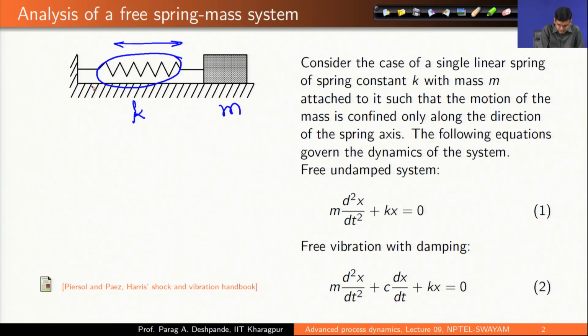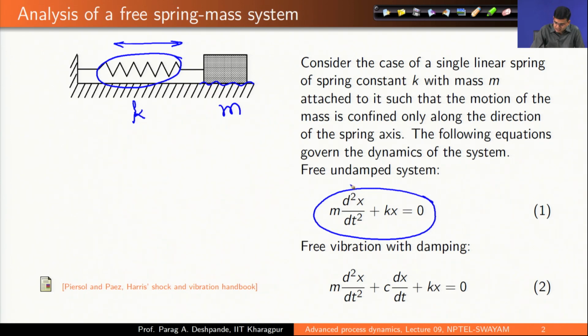So, there is no friction here when the mass moves on the fixed surface, and the governing dynamics can be obtained using simple Newtonian balance, which is Newton's second law, force balance, and this is the balance equation m d2x by dt squared plus k x is equal to 0, and we call such a system a free undamped system.